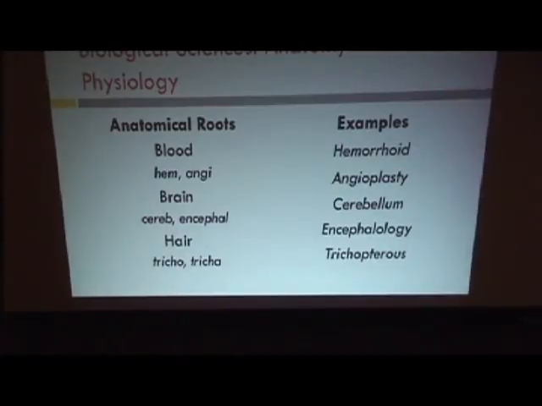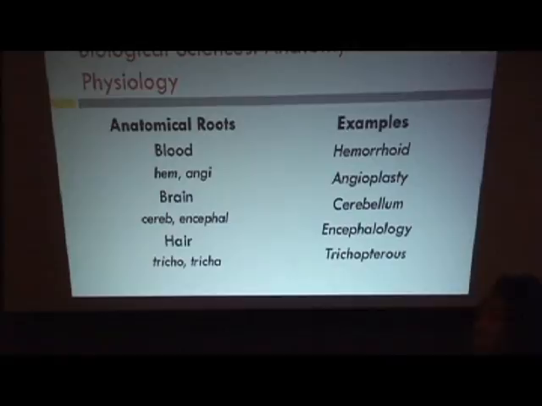And then when you're trained in this manner, when you're doing the work, you don't have time to look up the meaning of something in a medical dictionary. You have to know it, off the top of your head, and this is a good way to help you remember. Okay, so then brain, like cerebellum, cerebral.